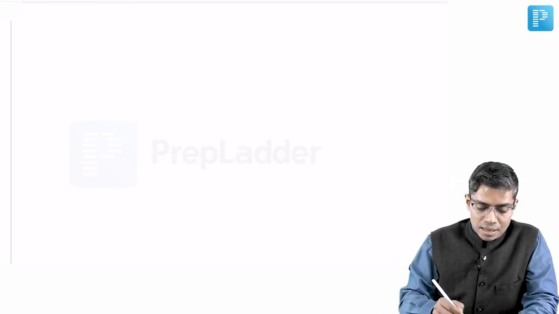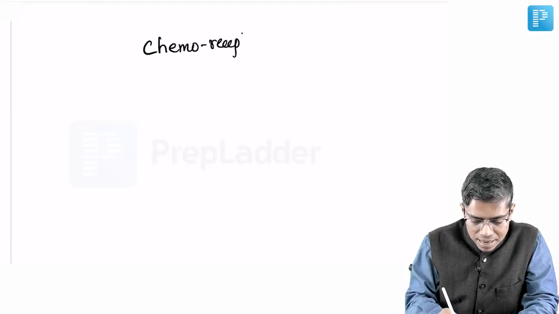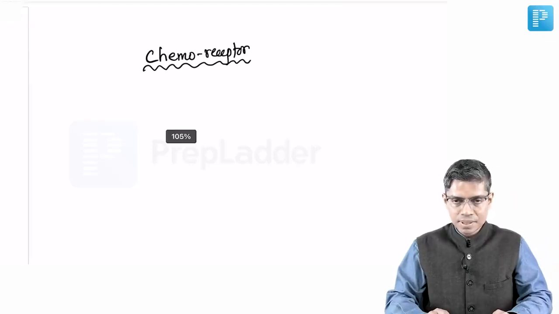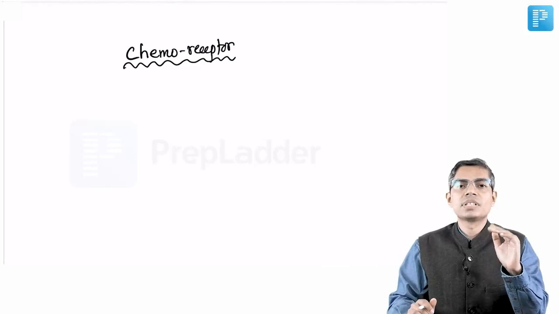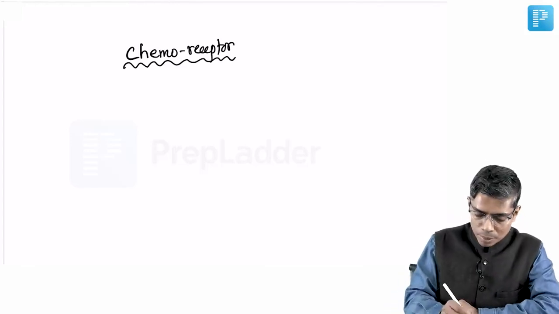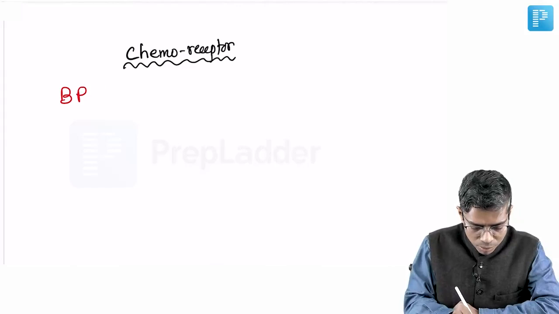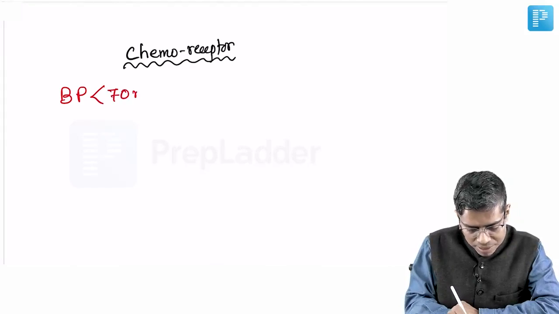Previously I told you that chemoreceptors are activated by which chemical changes in the blood? Decreased partial pressure of oxygen, hypoxia, hypercapnia, acidosis, right? But suppose your blood pressure is very, very low, lower than 70 millimeter of mercury.